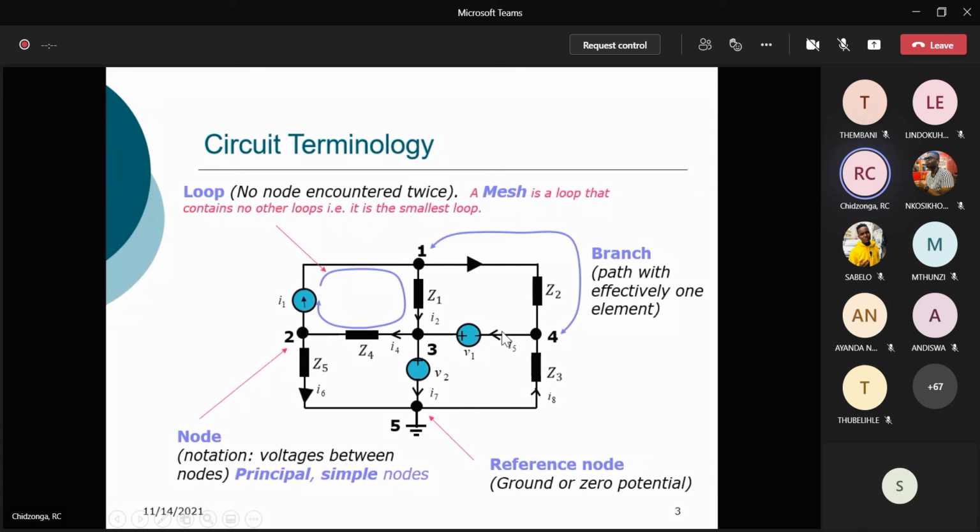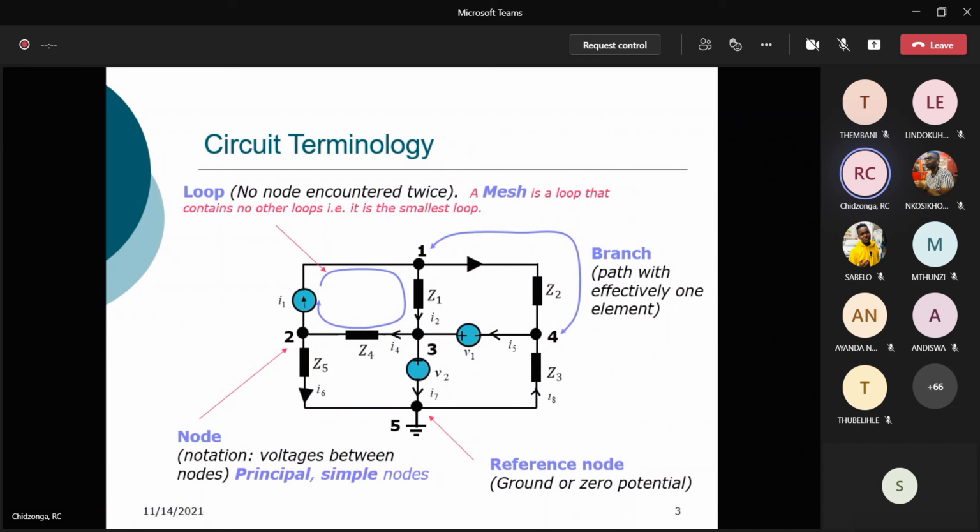So this is the terminology that we have to be familiar with. Loop, mesh, branch, node. Now, there is another special thing about nodes. You'll see where I'm hovering, in other words, node number 5. There is a small symbol there, a dropper line with these 3 short lines.